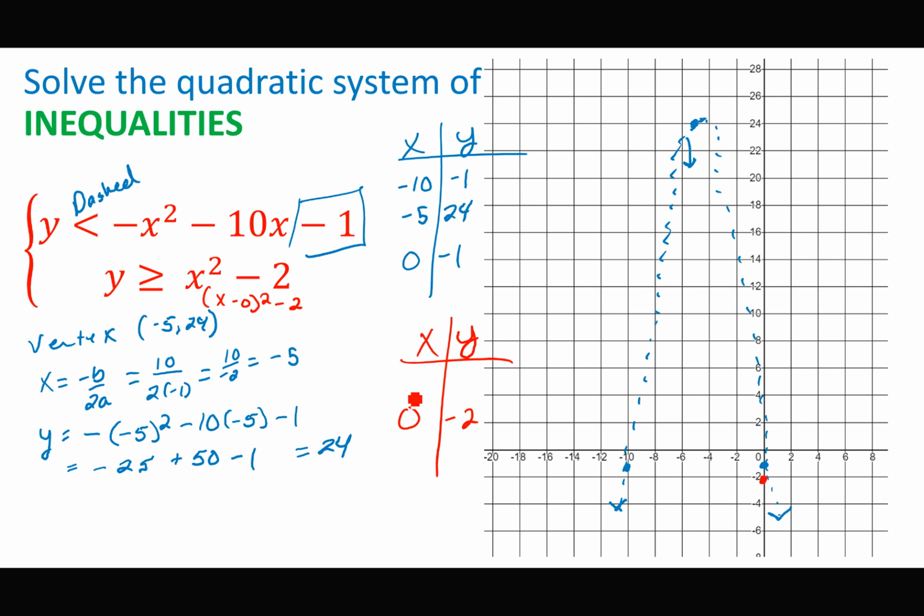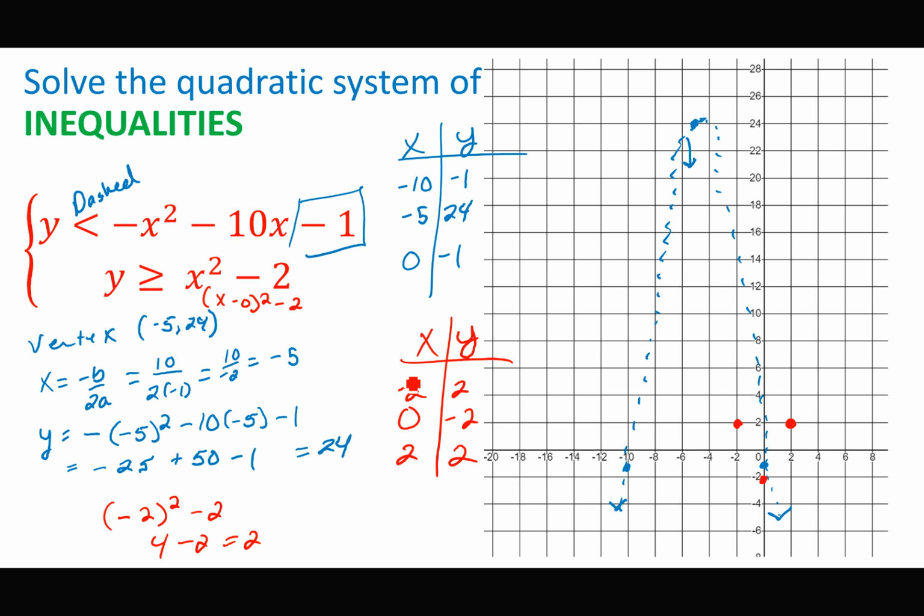If I chose, say, a negative 2, if I put that back into my function, negative 2 squared minus 2 is going to be 4 minus 2 to get 2. So negative 2, 2 is also a point. And a positive 2, 2 would be a point due to symmetry, because it's going right through my vertex.